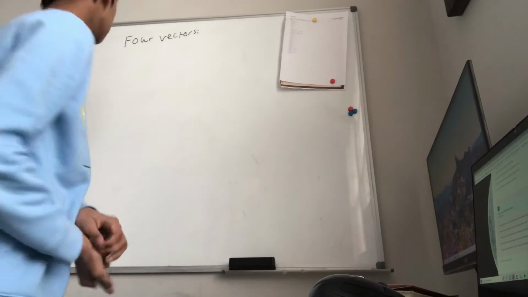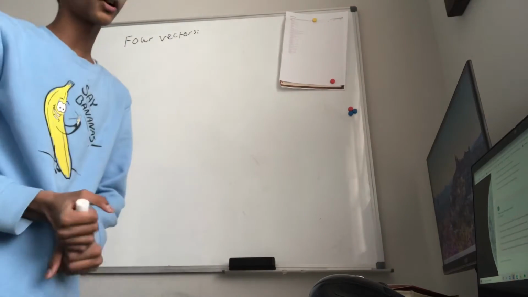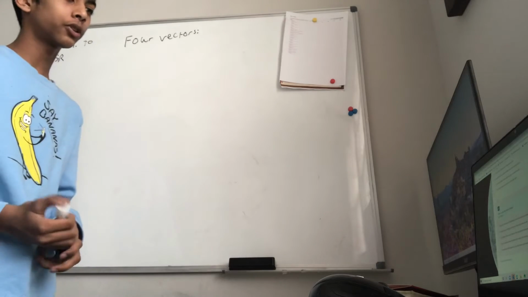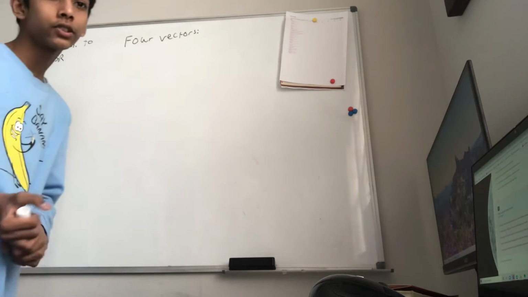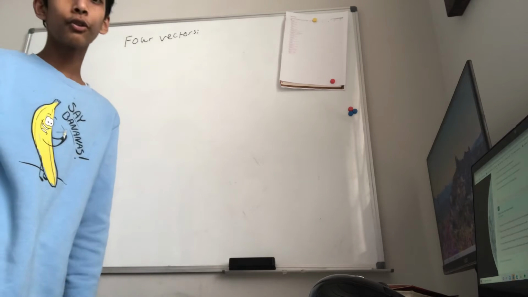So today we're going to be talking about a preliminary topic in our series on special relativity, and in this case we're going to be talking about 4 vectors. So what is a 4 vector?